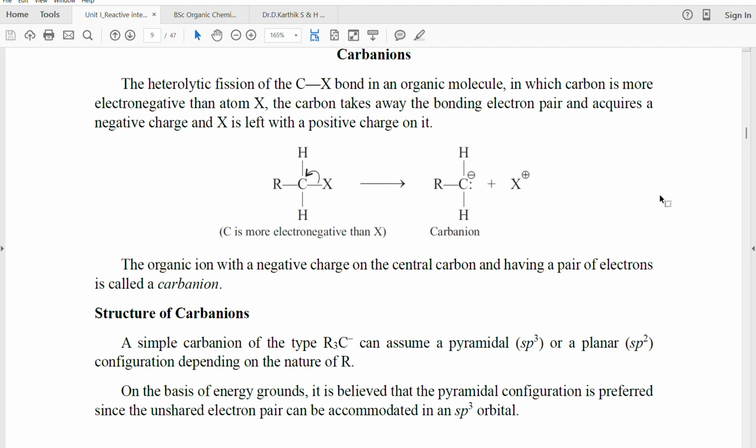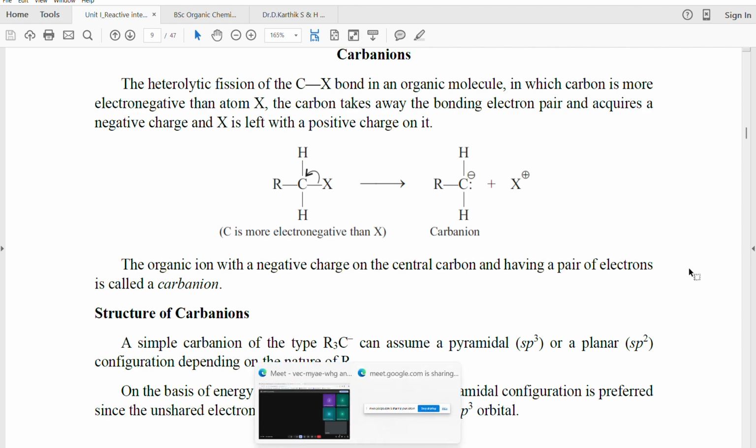So what is the hybridization of the carbocation, and what is the structure of the carbocation? Anyone respond? C plus. Yes, that is the C plus carbocation, it has the positive charge.